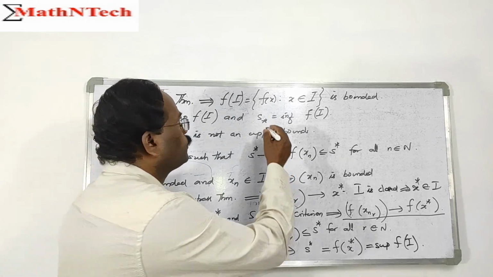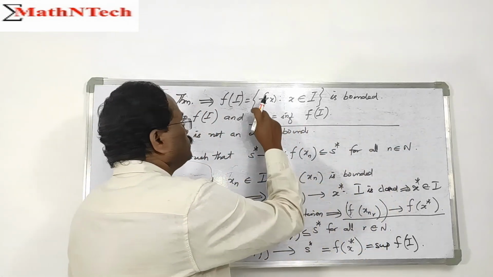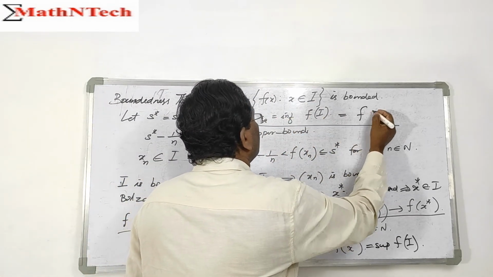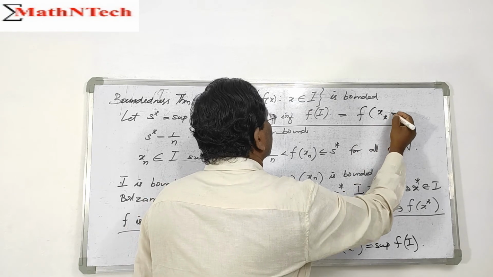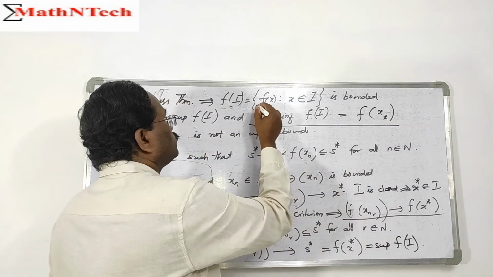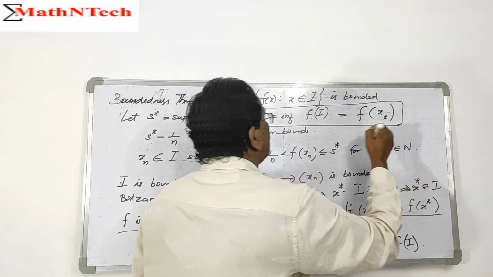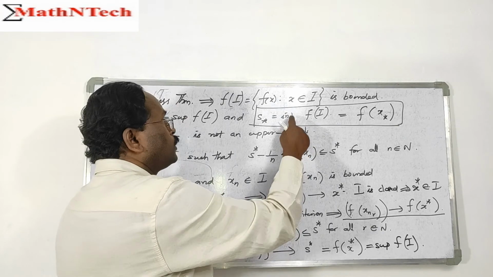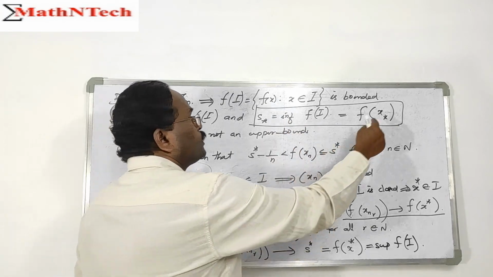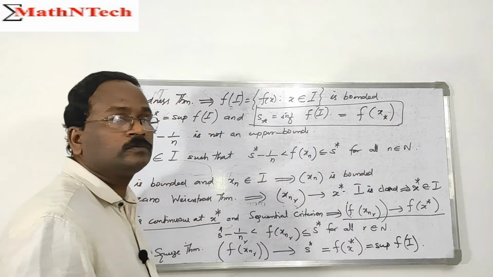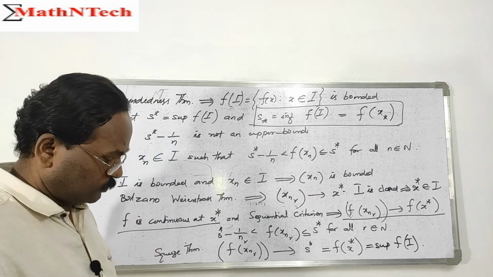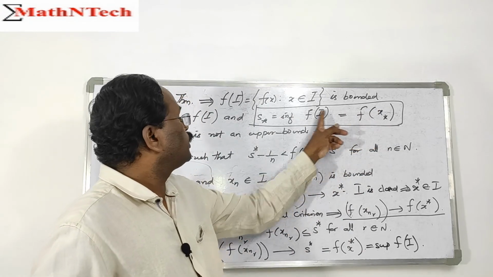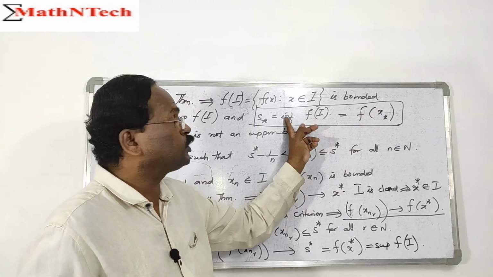Similarly, we can prove that s star equal to infimum f of I equal to f of some x star, which means f has an infimum value, or absolute minimum value, at the point x star. Infimum means minimum value.